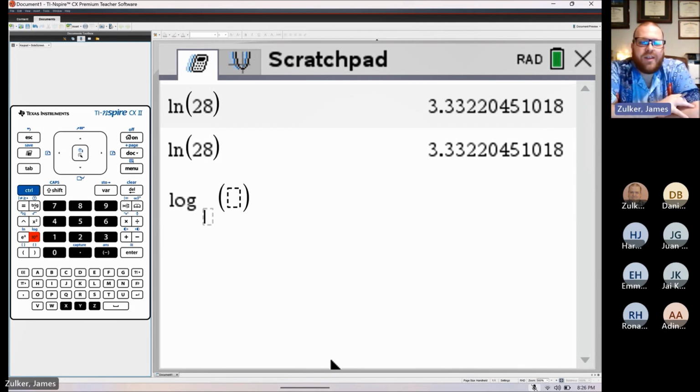Right, and you'll see what it gives me. Now I just type in my base. Let's do the common base 10. Tab. And then what are we going to take the log of? Let's stick with 28.